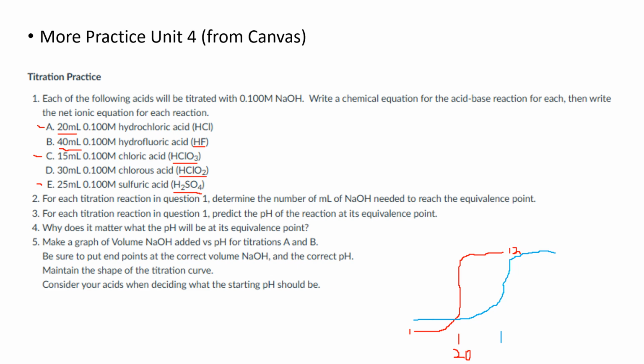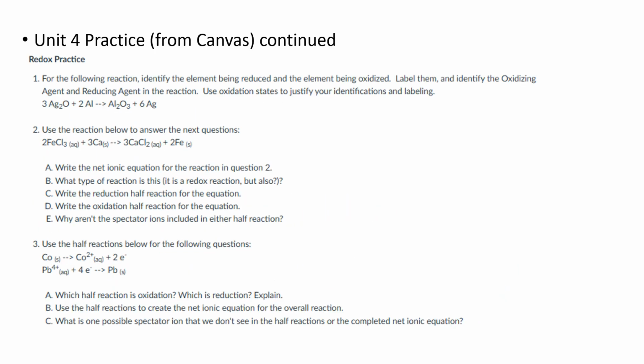Remember, it's going to go vertical at 40 because we are titrating twice as much volume. It will still level out at that same high pH because we're using the same base as our titrant. So it starts out at a higher pH and ends up at the same pH at the end. Hopefully that made sense. Sorry for my difficulty scribbling.